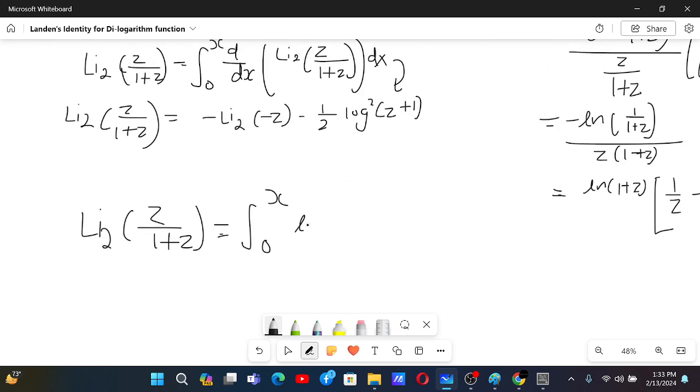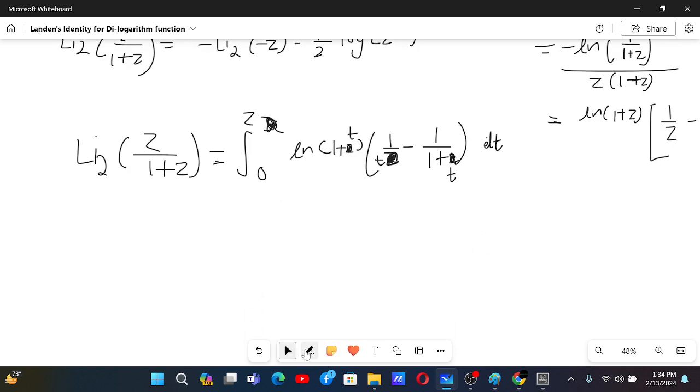So I have ln of 1 plus t times 1 by t minus 1 by 1 plus t, and let me write this in terms of t for now, and then write it as z at the end, because at last I want to take it in terms of z. So that's 1 by t, minus 1 by 1 plus t, and then dt.